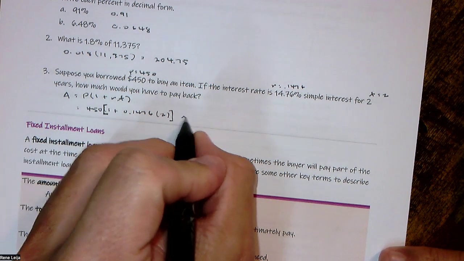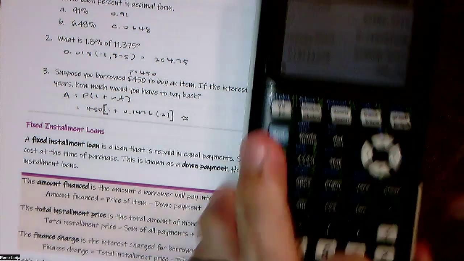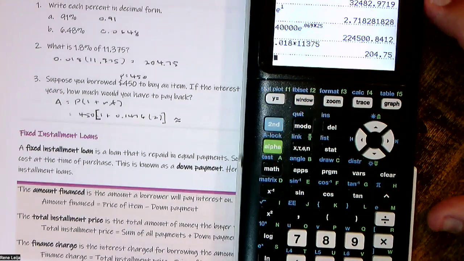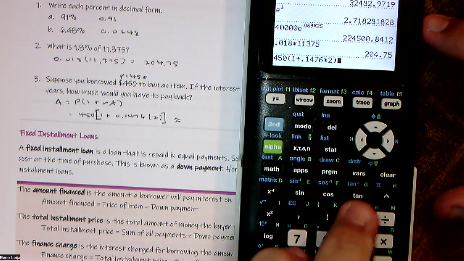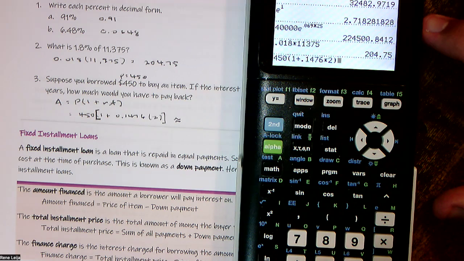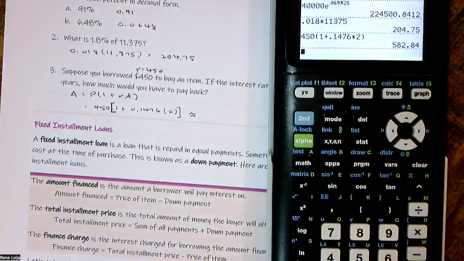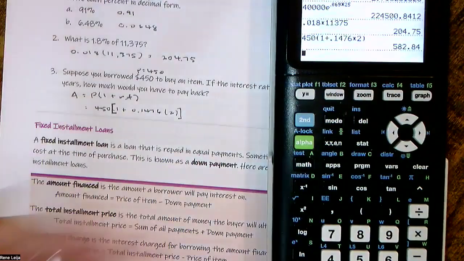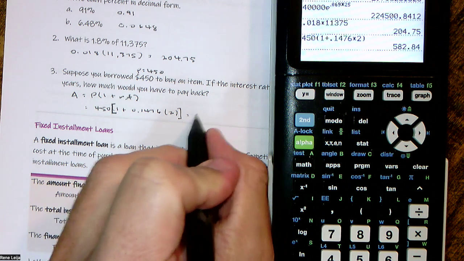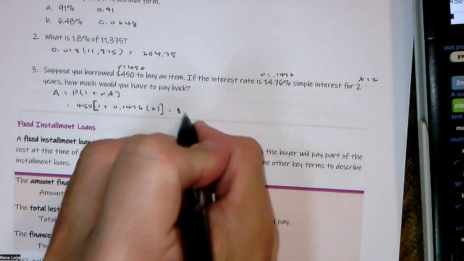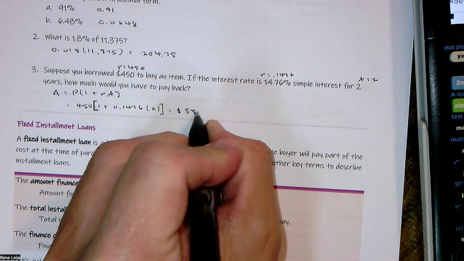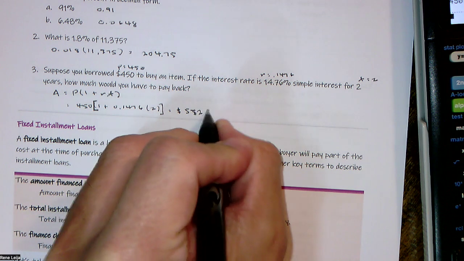Oh, no approximation needed. It stopped on its own at 2 decimals. So if you borrowed $450, you'd have to pay back $582.84.